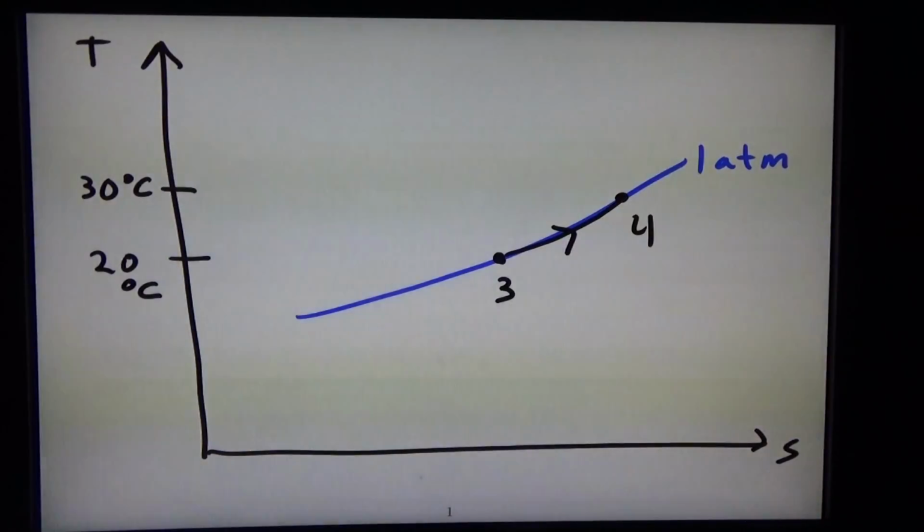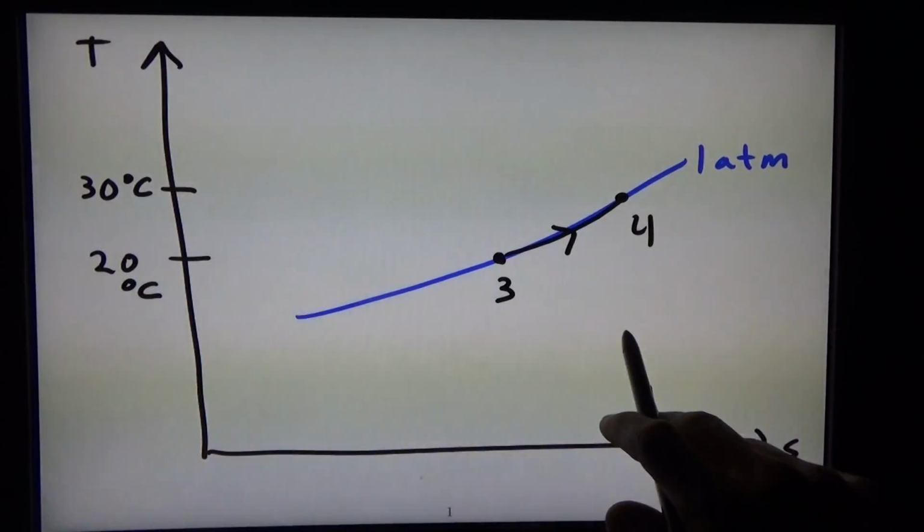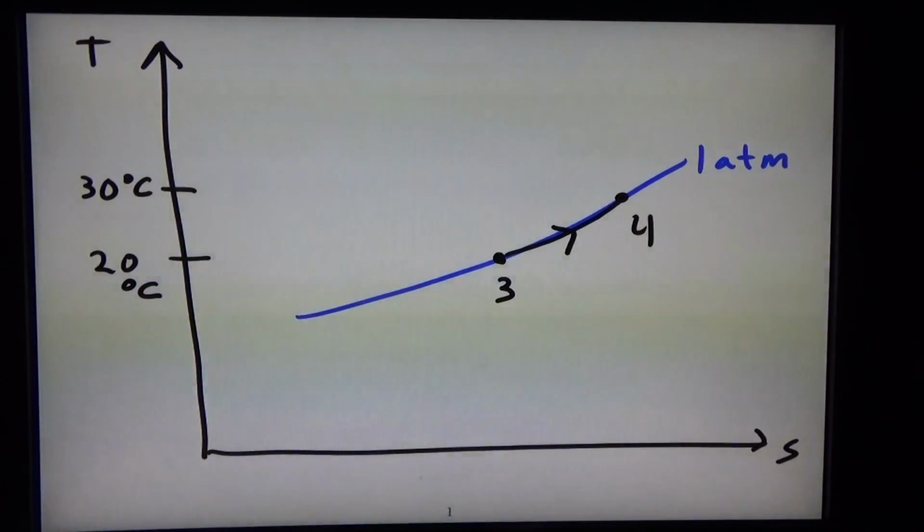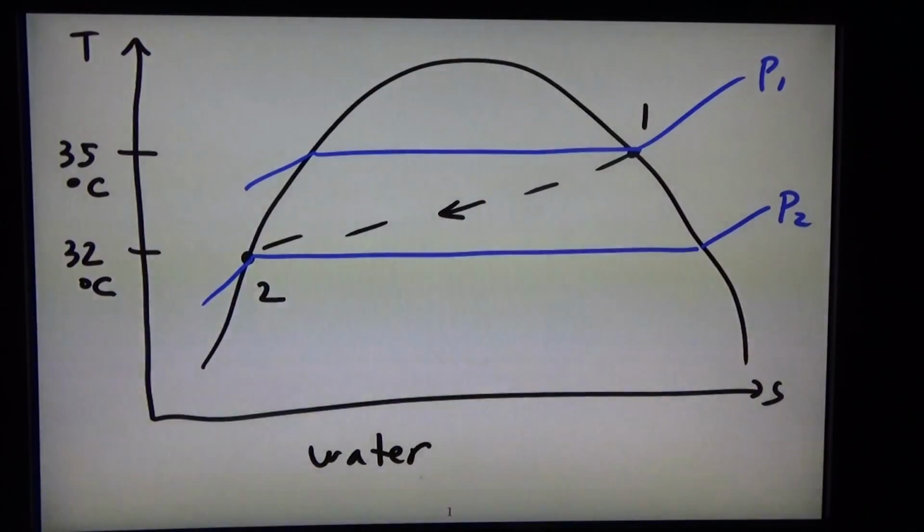And we follow that constant pressure line up from state 3 at 20 to state 4 at 30 degrees Celsius. Notice something for the air. For air, the delta S is positive, S4 is bigger than S3. Notice for the water, delta S is actually negative. S2 is less than S1 because it's to the left of S1.